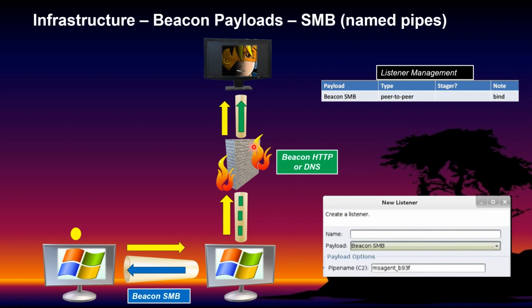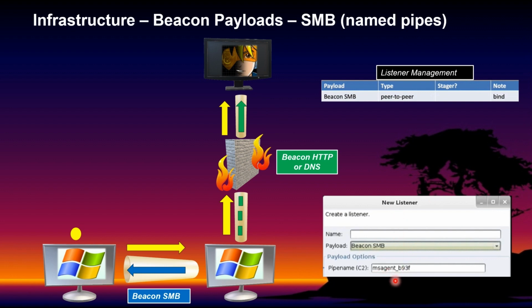Here, because it's going out, we're using egress types of listeners, and we know that egress types of listeners are HTTP or HTTPS or DNS. So that's how we use it. Beacon SMB for peer-to-peer internal communication, and when it has to go out of the network, we use HTTP or DNS. This is how basically we create a listener.